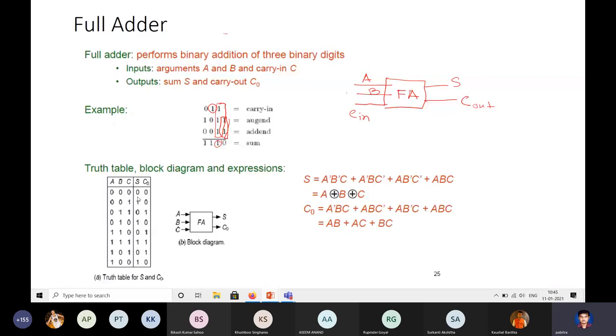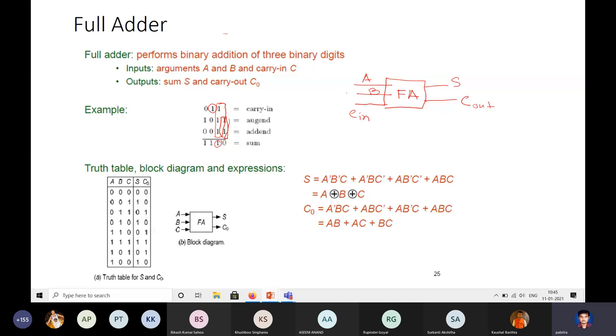What is the truth table? If A is 0, B is 0, carry in is 0, output sum is 0, carry out is also 0. If input is 0, 0, carry in is 1, sum is 1, carry out is 0. If input is 0, 1, carry in is 1, sum is 0, carry out is 1.